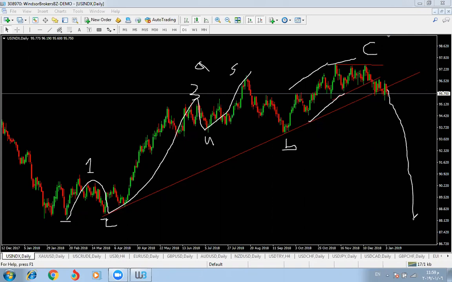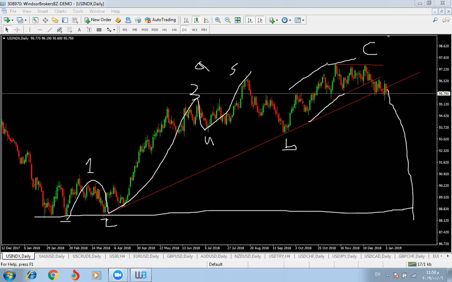As I told you before, I will give you a bigger picture of the market so that you can understand the next swing for the markets. The price will start pushing to the downside, to retest this bottom right there.